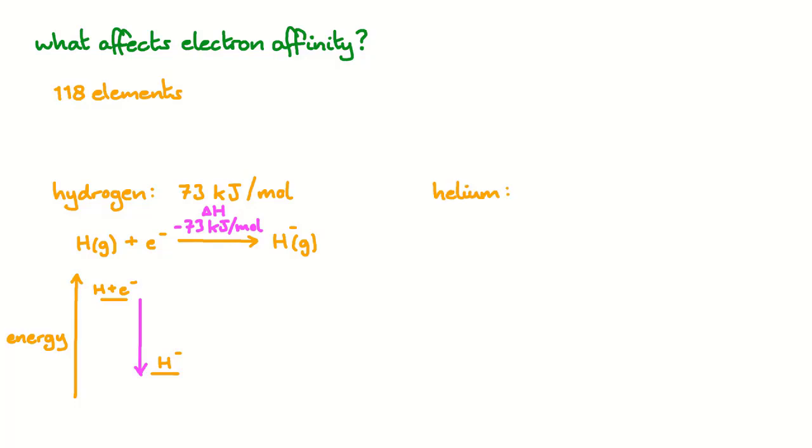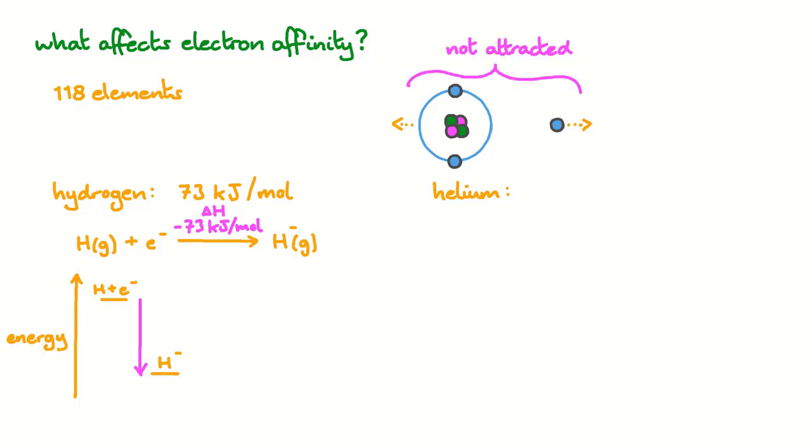But what about elements that we know are already very stable, like the noble gas helium? When we try and add an electron to helium, the repulsion from the electrons is greater than the attraction from the nucleus. This means adding an electron to a helium atom requires us to put energy in. It's nearly impossible to measure this directly since He- isn't stable, but we can do some calculations.